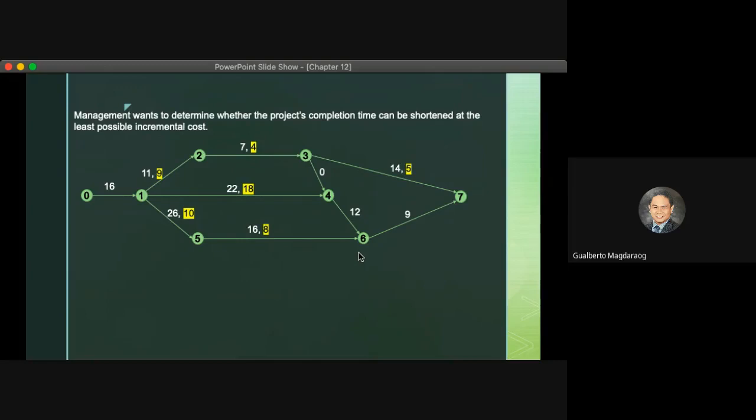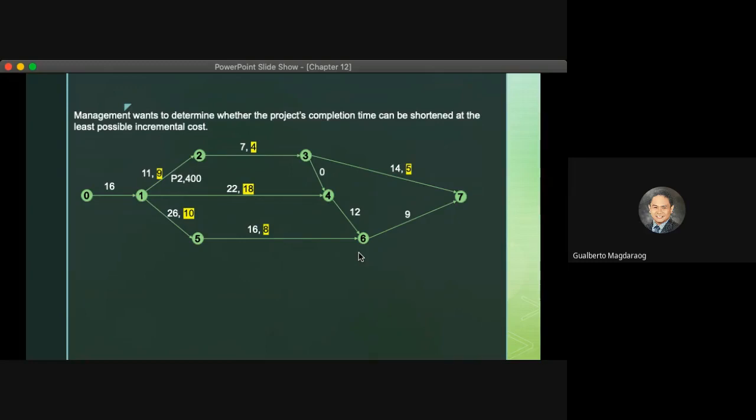And then you need to also assign the crash cost, the incremental crash cost. So for this particular example, we will not be using the formula. Instead, we are now given the exact amount of incremental cost.